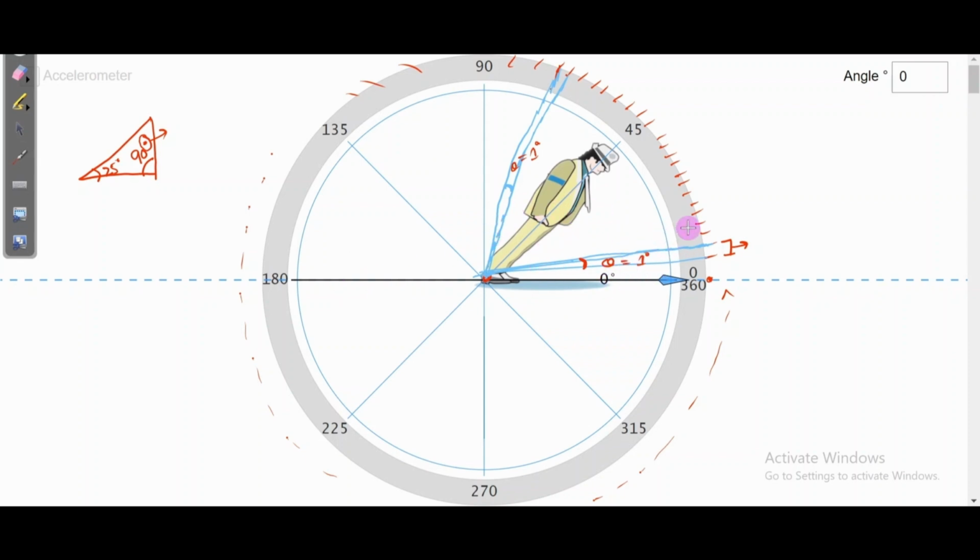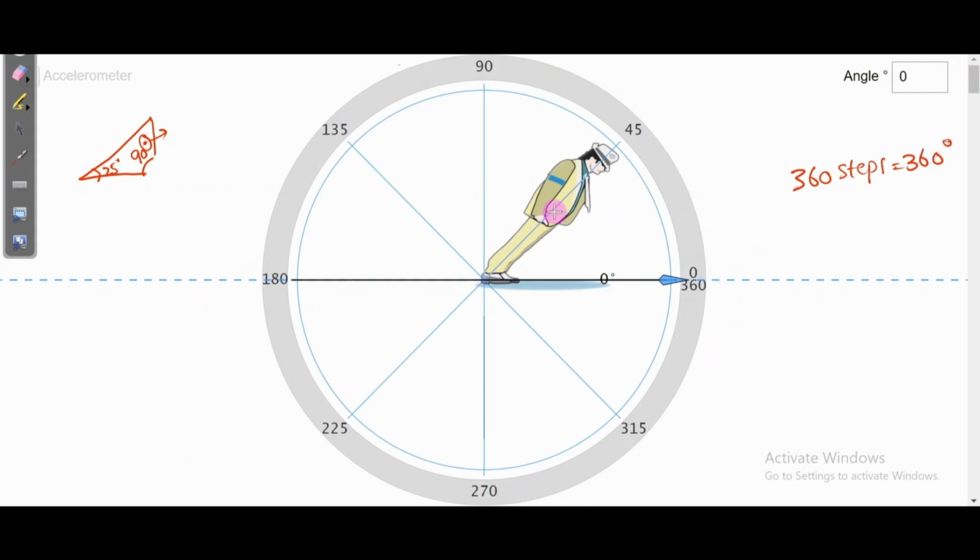Similarly, for each step we will count 1 degree, 1 degree, and 1 degree, and the whole steps are 360. Therefore, if we add all the angles of these 360 steps, it will give us 360 degrees.